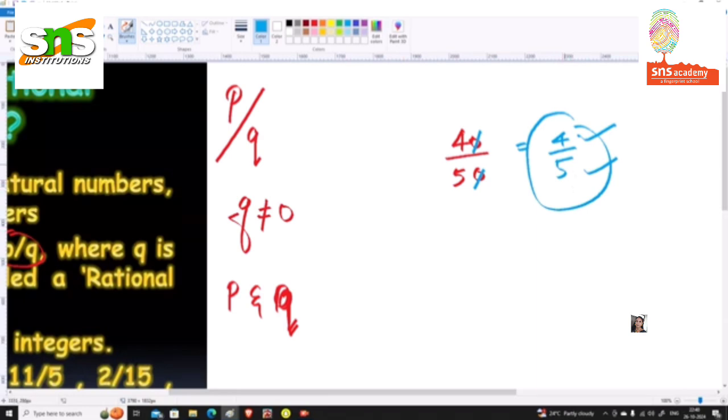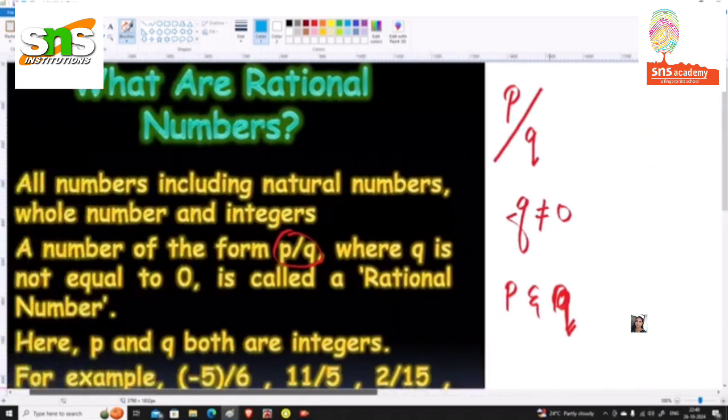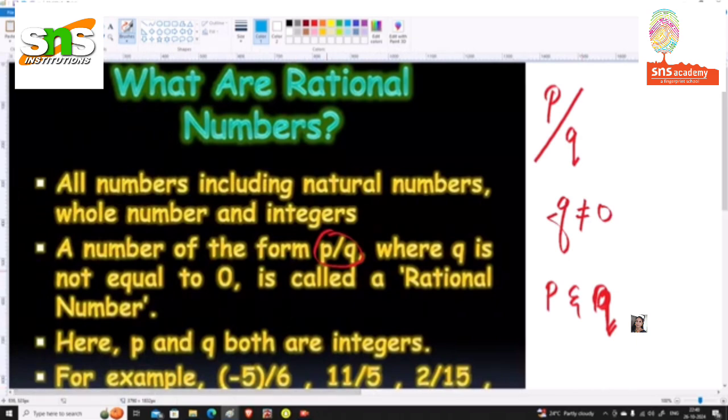And we are checking the next condition, the denominator should not be equal to 0. Here we are checking the denominator, yes, it is equal to 5. So a number which can be written in the form P by Q is always a rational number, and one more thing, Q is not equal to 0.